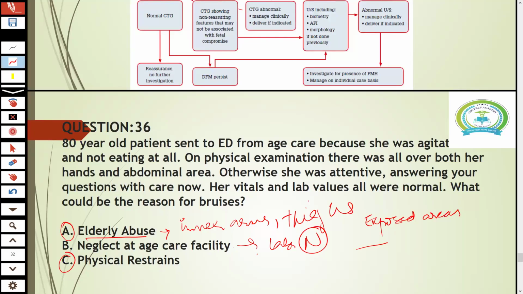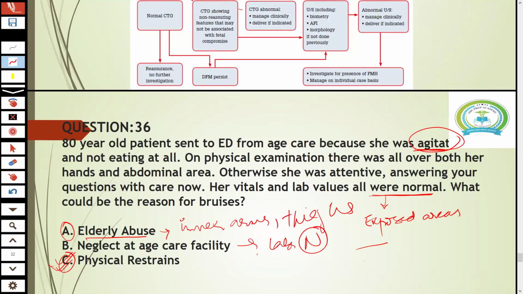And with elderly abuse, the patient will not be normal. He or she won't behave normally. They will be depressed, not very attentive. But if after admitting, after giving medication, after addressing the agitation, they are normal, think of physical restraint.